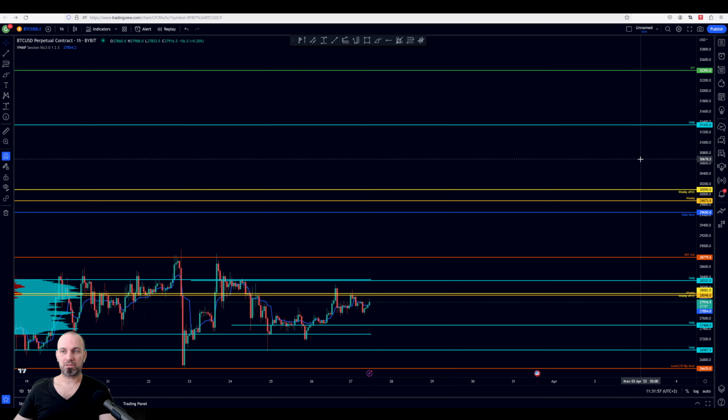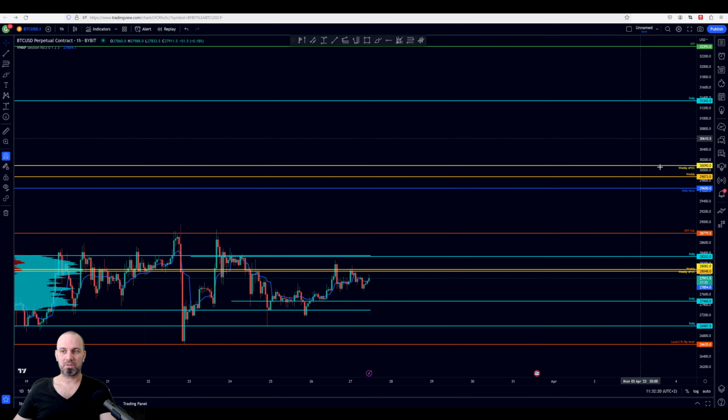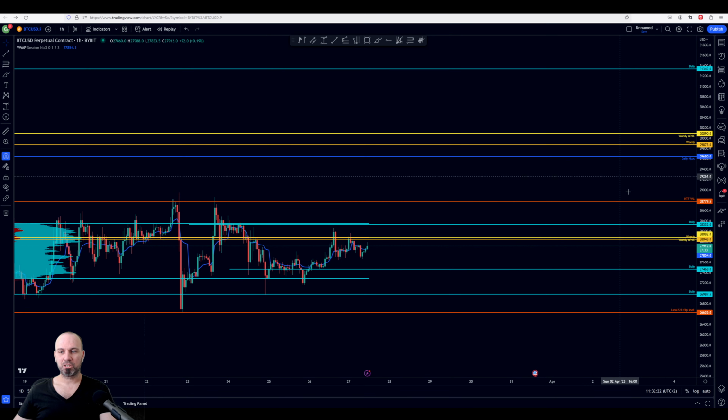Maybe we'll see a reaction, maybe not, that we don't know, but it's worth having it on the chart. And other than that, this high time frame level, maybe we'll see a swing failure pattern, maybe not, but those are the levels that I have to the upside.